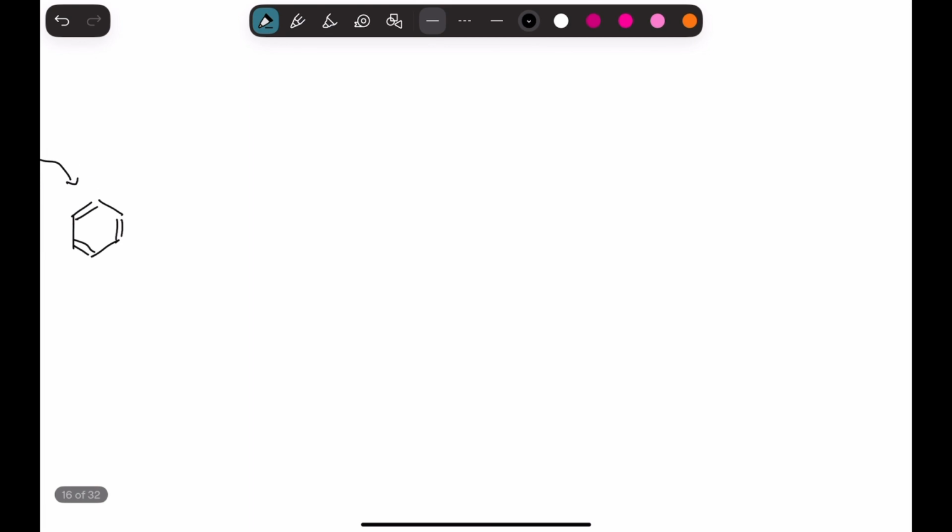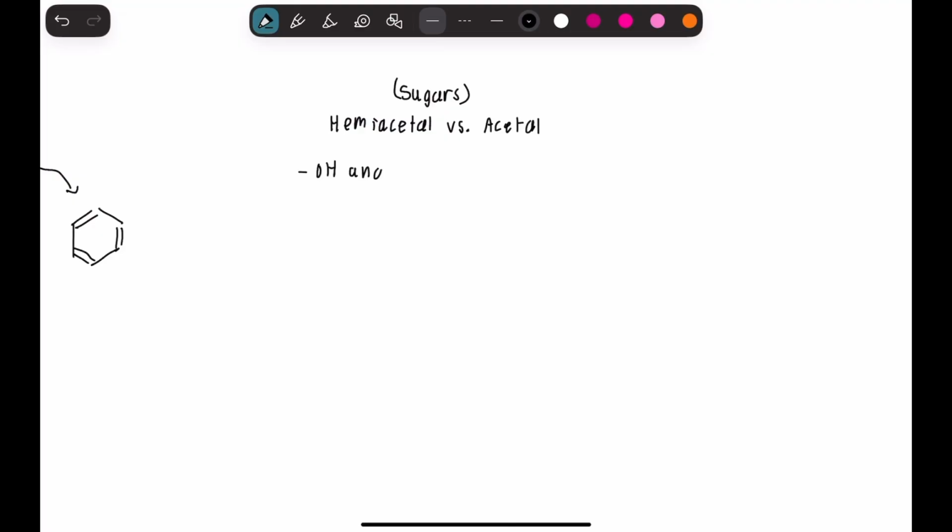Okay, so this is an important one. It's hemiacetal versus acetal. This is very important for sugars. So hemiacetal is going to be OH and OR on the same carbon. And you also have a free sugar end.